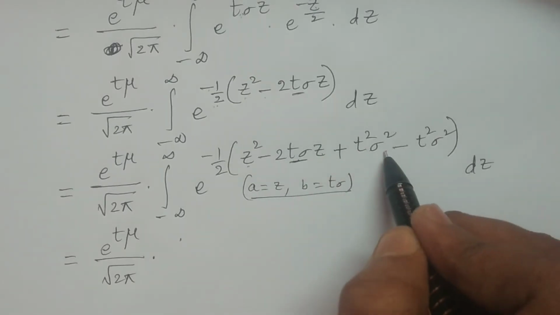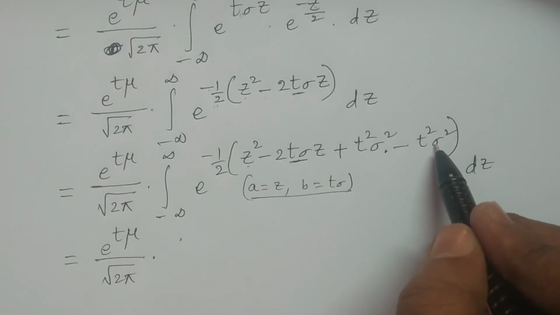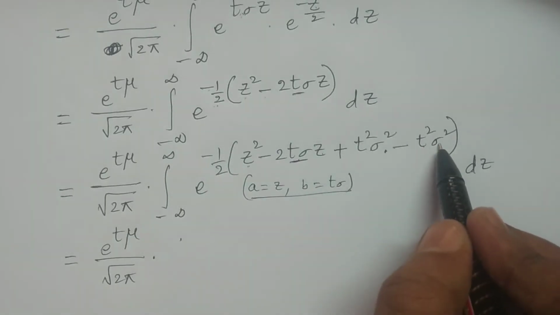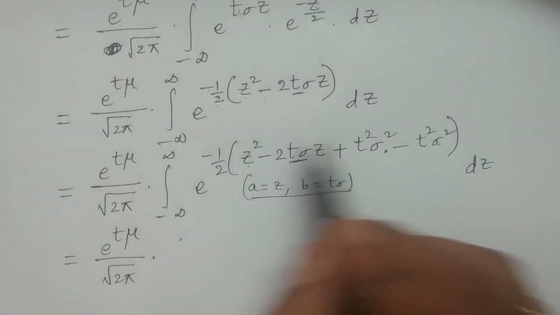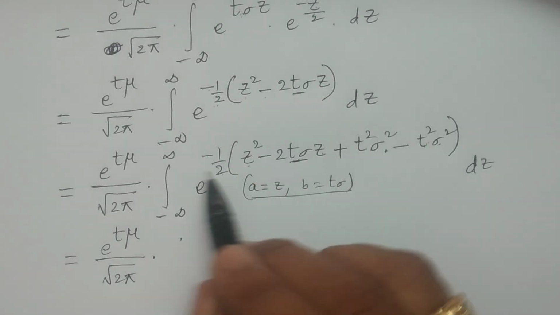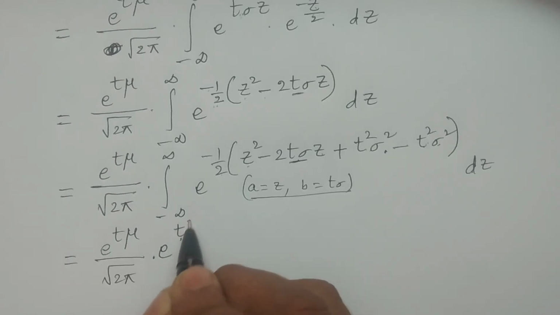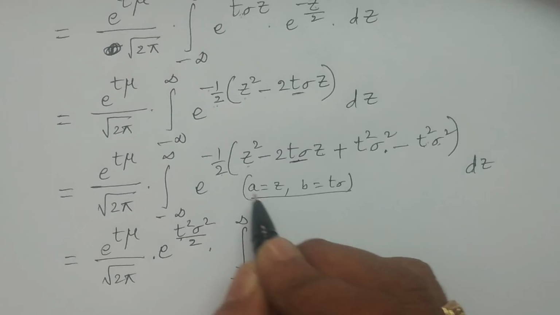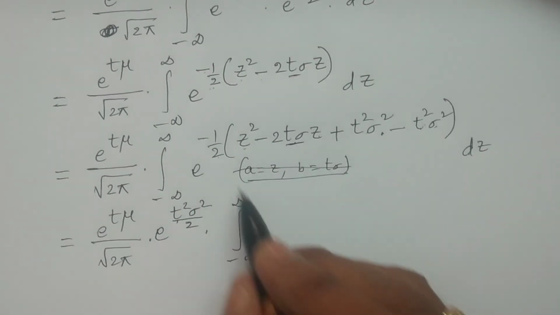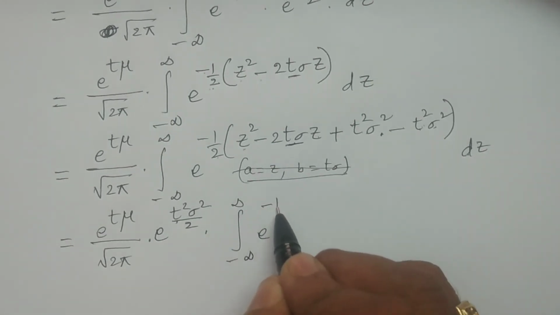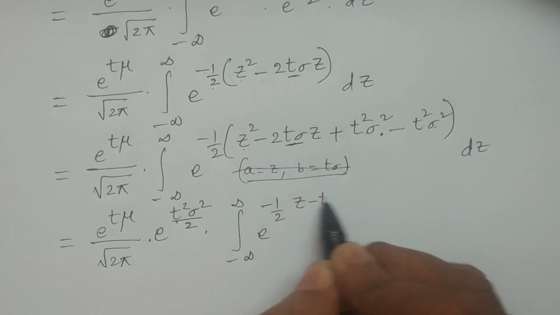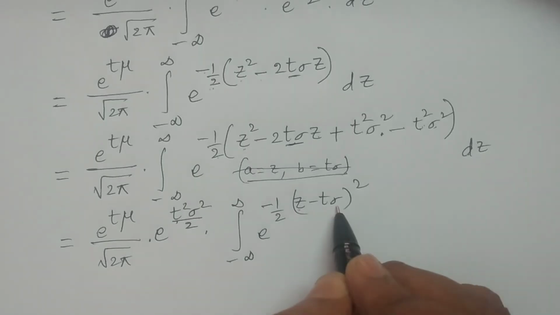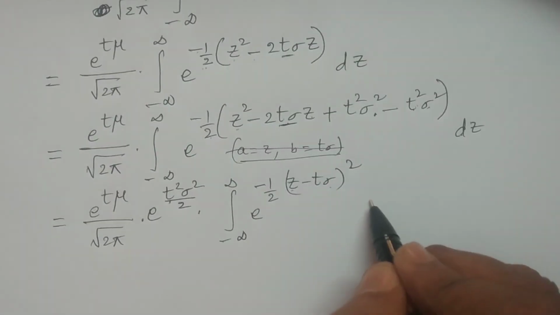Then minus t square sigma square I am taking outside, because t square is a constant, sigma square is a constant. So minus of minus plus t square sigma square by 2 I am taking outside: e power t square sigma square by 2 into integral minus infinity to infinity e power minus 1 by 2 into z minus t sigma the whole square dz.